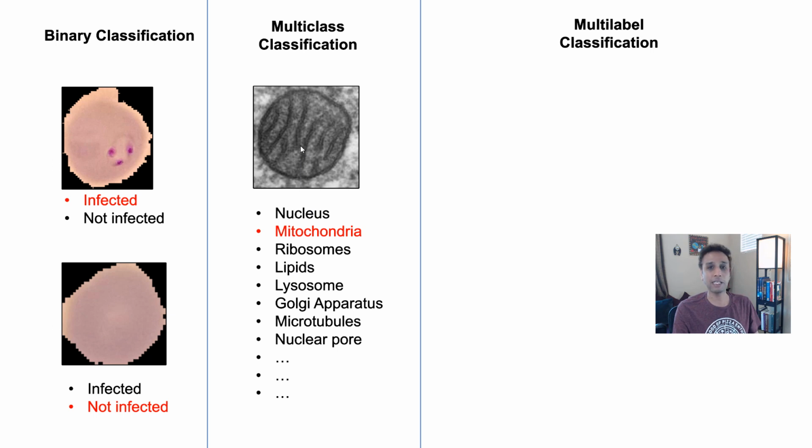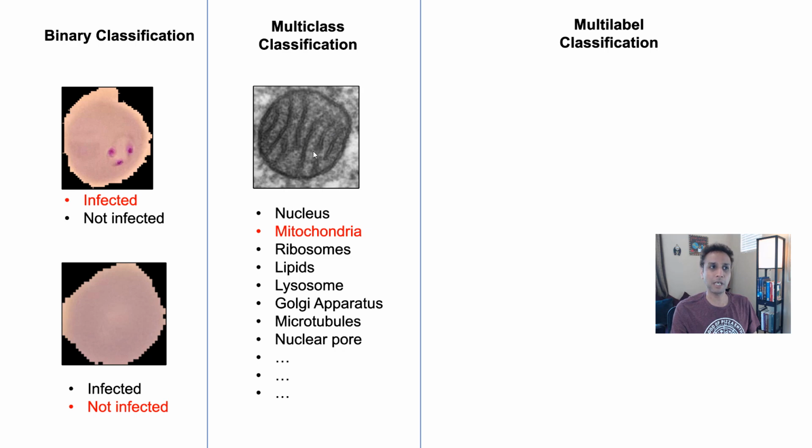That's how I'm defining my problem. This could be a nucleus, a mitochondria, a ribosome, lipids, or something else. But my output is going to say that this is mitochondria, if my training is good enough. That means only one true answer, all others nothing. So this is multi-class classification.